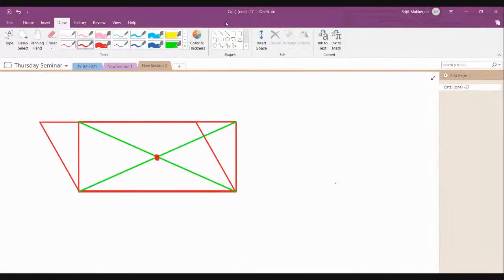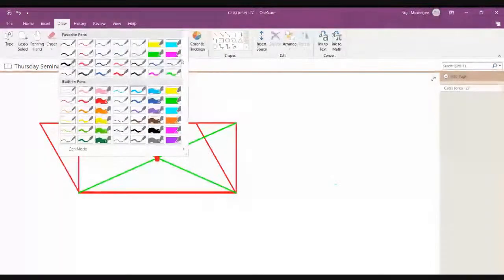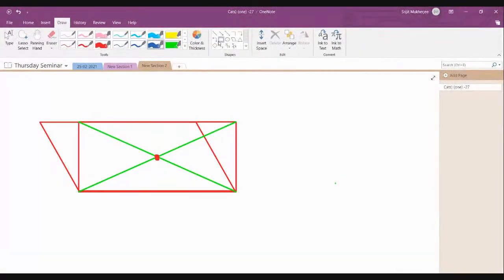Now it shifted to a different place. This one. Let's take a different color. Let's take this. Now it shifts. Bigger one. Now it shifted to this.